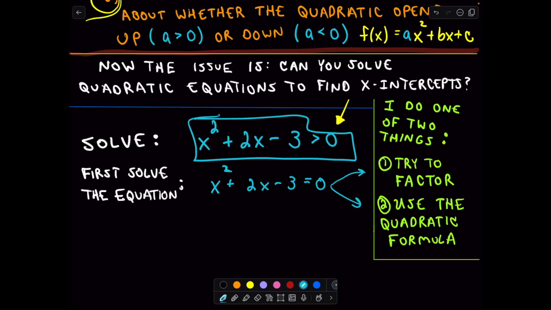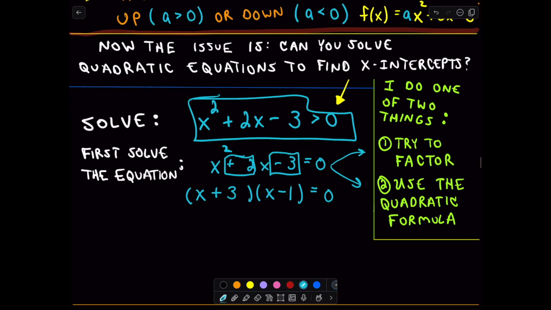That's all I do. I think this one I can factor, because I need two numbers that multiply to -3 but add up to +2. Well, I think I could use x plus 3 and x minus 1. Does that look okay? I think it looks okay. And recall, we take each factor and we set it equal to 0. So x plus 3 equals 0.